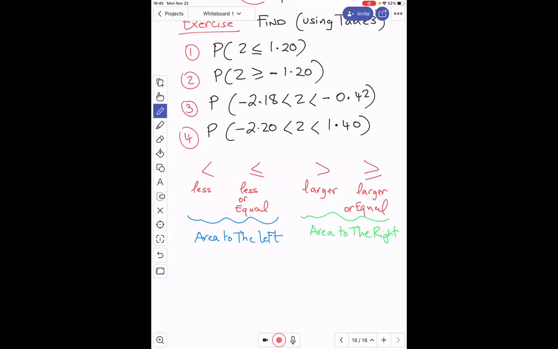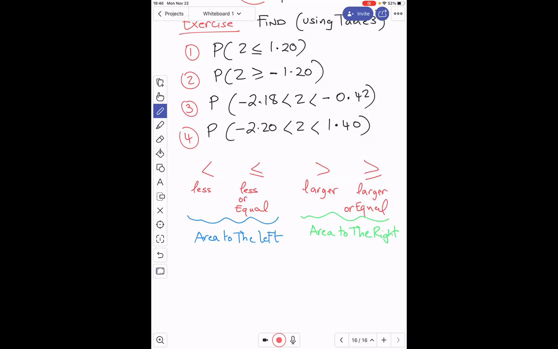The next thing we're going to do is find the areas or probabilities for a random variable that follows a normal distribution which is not necessarily the standard one.